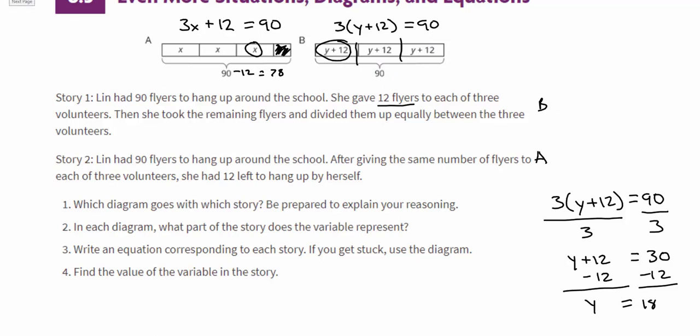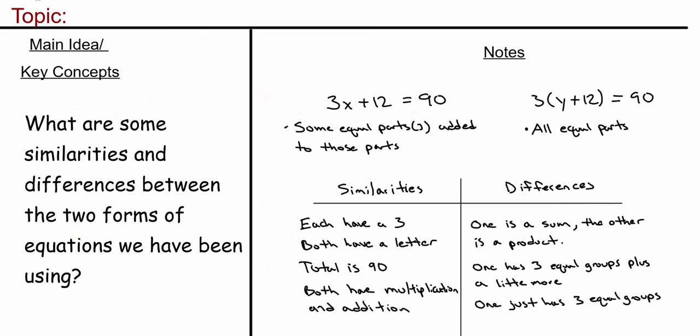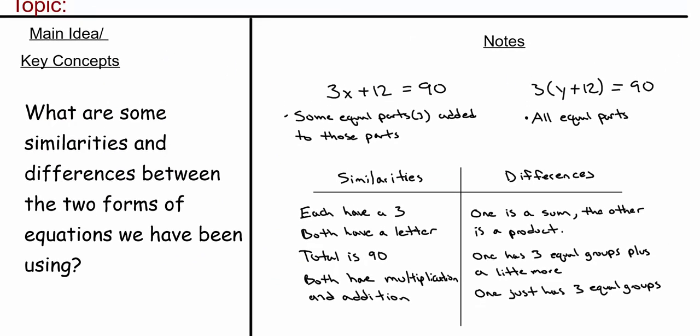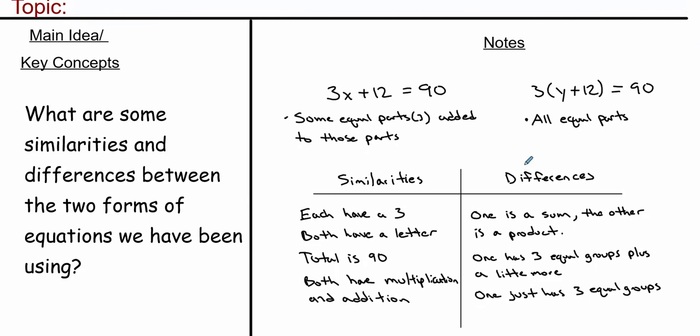Okay, let's go to our notes. What are some similarities and differences between the two forms of equations we have seen, and how do we know which one to use? If we look at our two equations, 3x plus 12 is equal to 90, and 3 times the quantity of y plus 12 is equal to 90, if you remember the tape diagram, for the first we had 3 equal parts plus a little extra added.